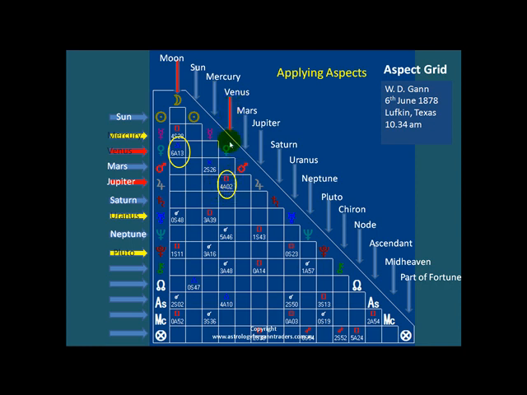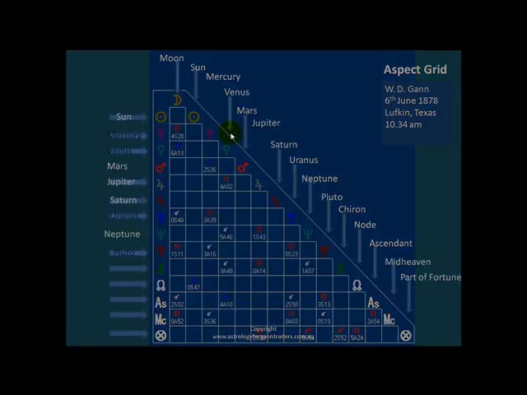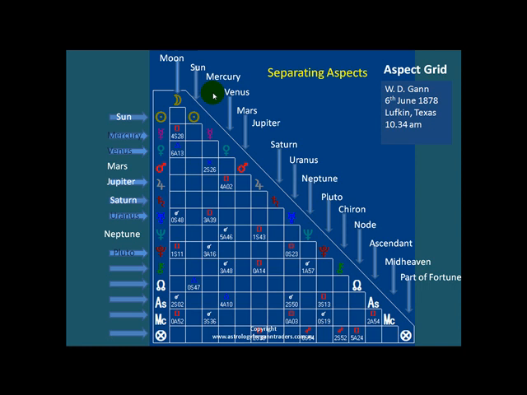So Venus still has 4 degrees before it forms an exact square to Jupiter. Remember, Venus is faster moving than Jupiter, so these ones on the diagonal are always the ones forming the aspect to the slower ones on this side. The opposite is a separating aspect, where the faster moving planet has gone beyond the culmination and is moving away from it.